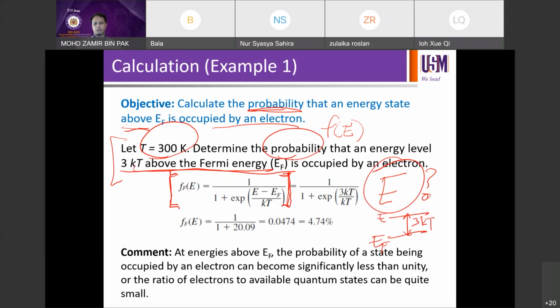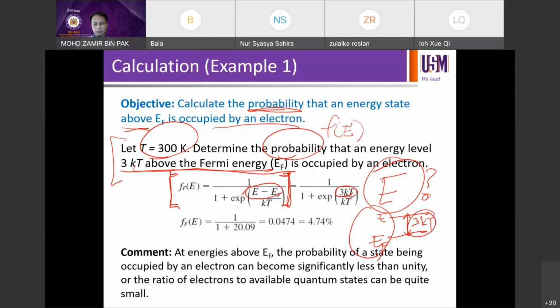The difference between E minus EF is equal to 3 kT, and the difference is what you have to plug in anyway. So you have to plug in the difference between E minus EF, which is essentially 3 kT, right? So you just replace all the figures. E minus EF is already 3 kT, very straightforward.